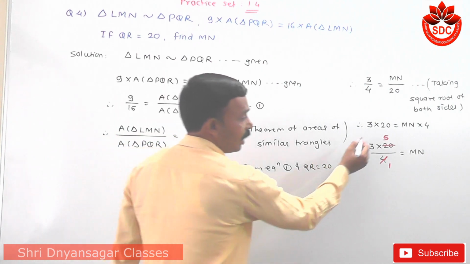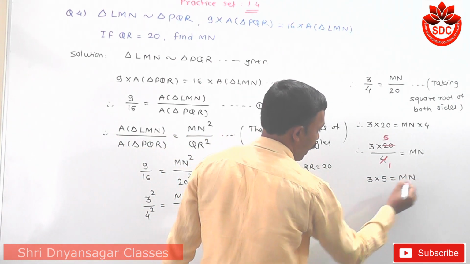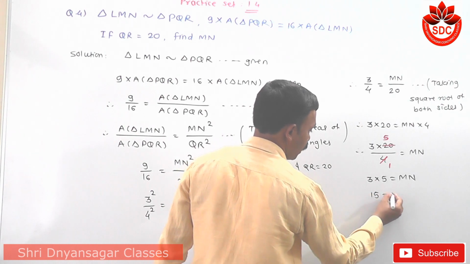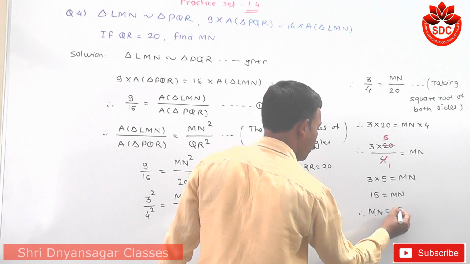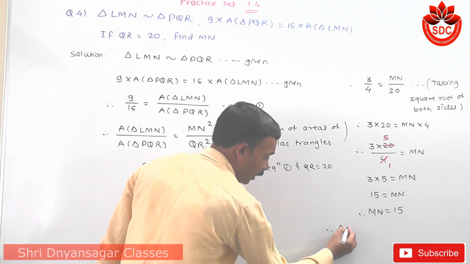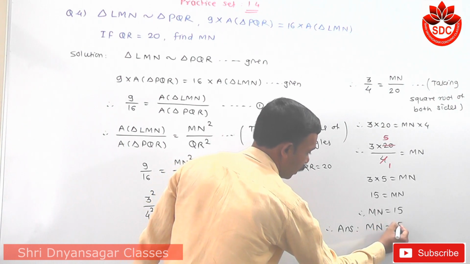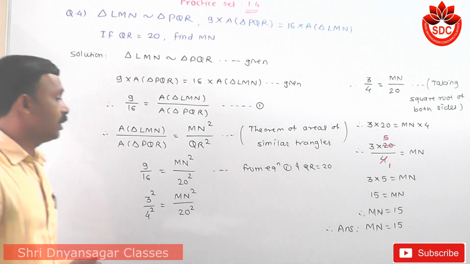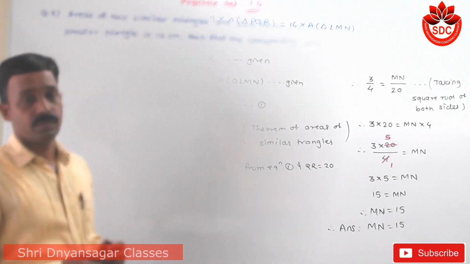Then 3 into 5 is equal to MN, that is 3 fives are 15, so MN is equal to 15. Write down the answer in a full sentence: therefore MN is equal to 15. This is our question number 4. Can you understand this? Okay.